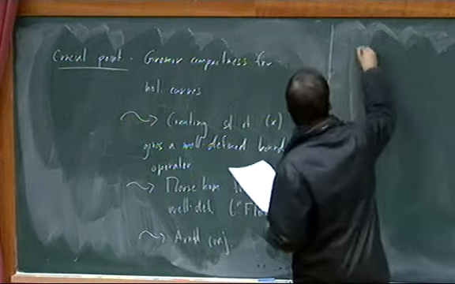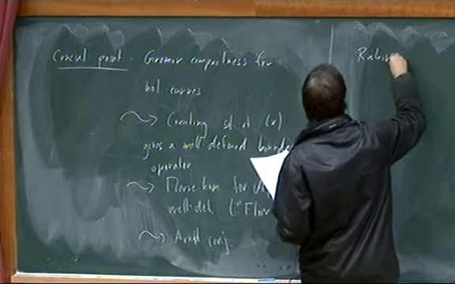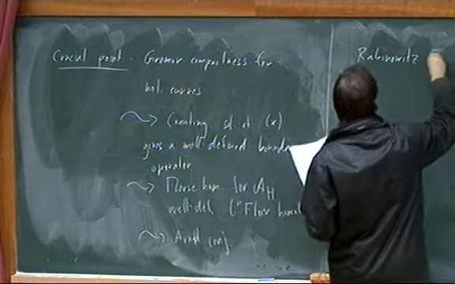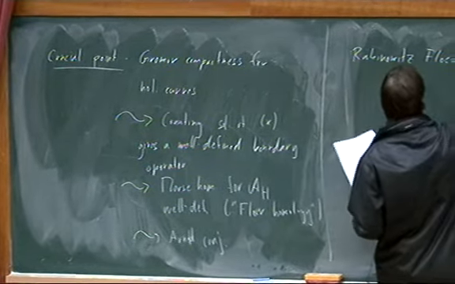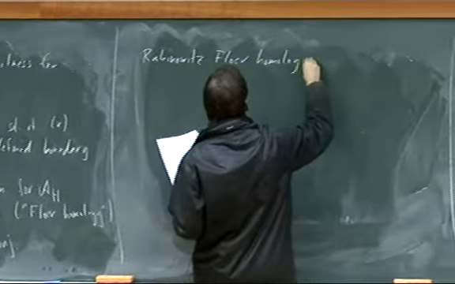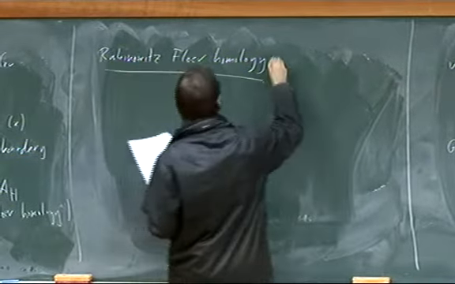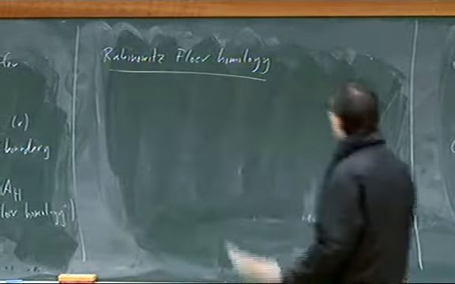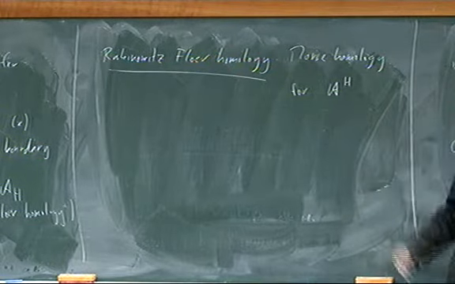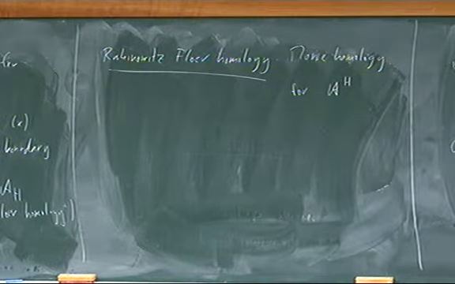That is Rabinowitz Floer homology, which is Morse homology for now the action functional superscript H, the one with the eta.